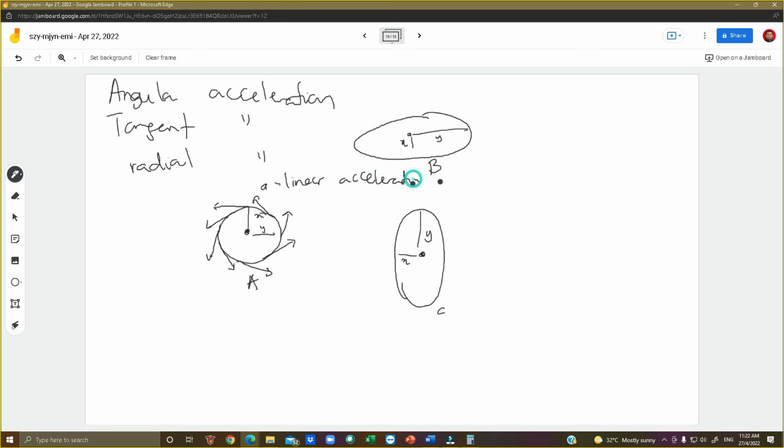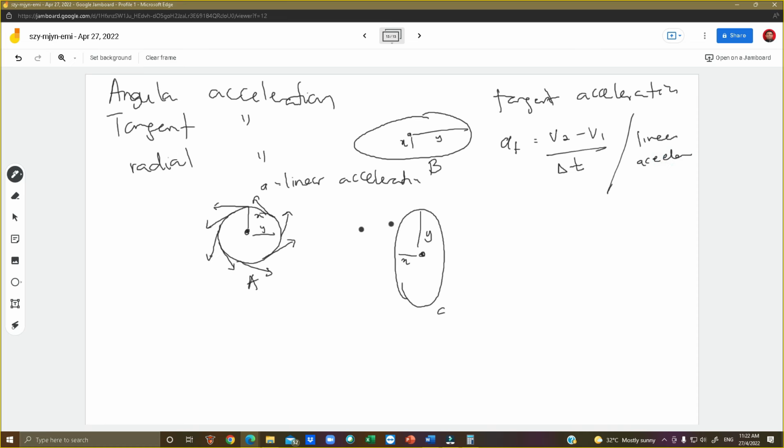Okay, in other words, tangent acceleration, we can name it as alpha t equals v2 minus v1 over change of time. Sama je dengan linear acceleration, because it is linear acceleration from the curvature outside.